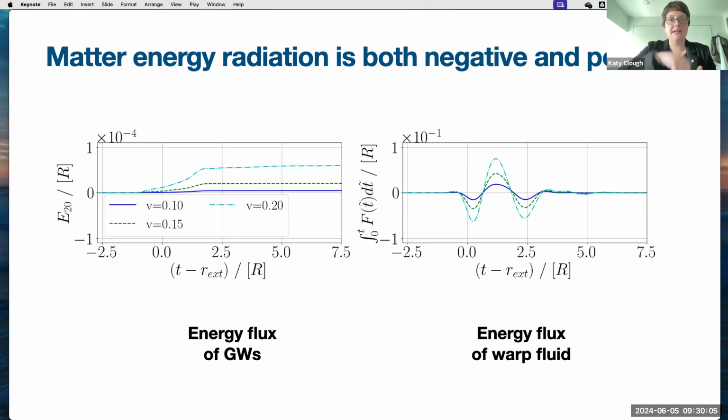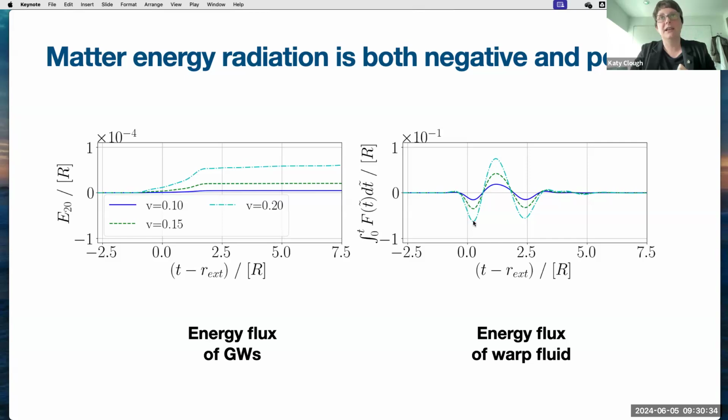There's some increase as the wave passes the radius where you're extracting, and then it saturates. But you're always radiating, obviously, positive gravitational wave energy. But in the energy of the fluid, the energy of the matter, you get these alternating waves of positive and negative. So this isn't the flux, this is really the integrated flux.